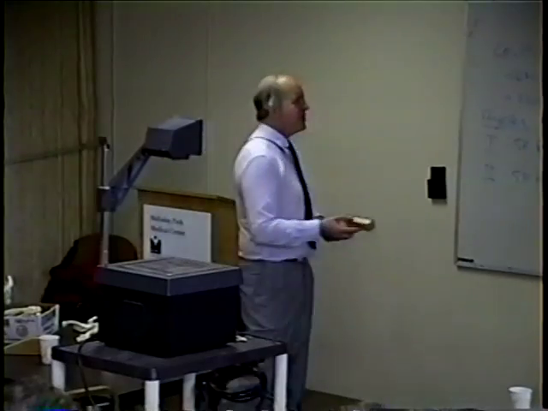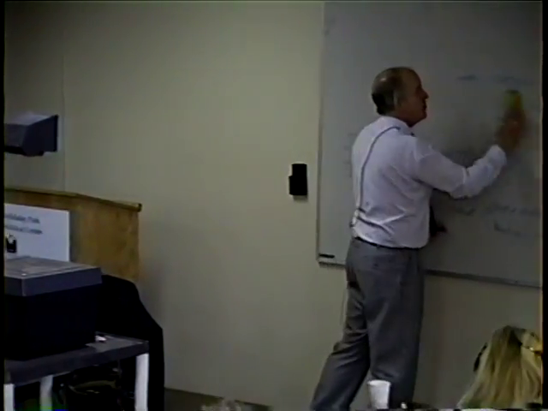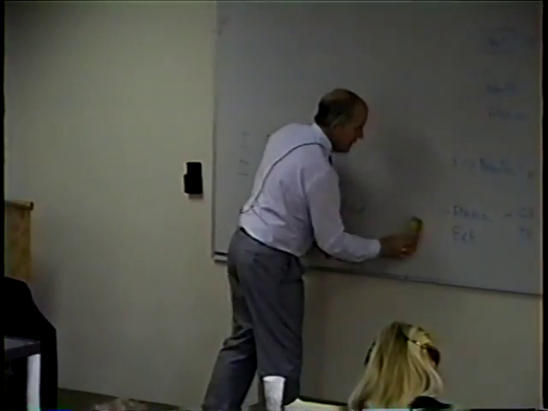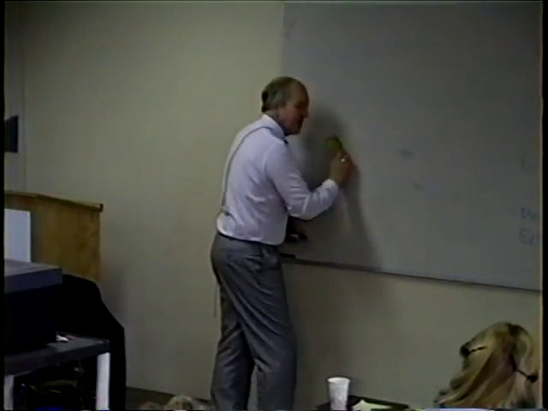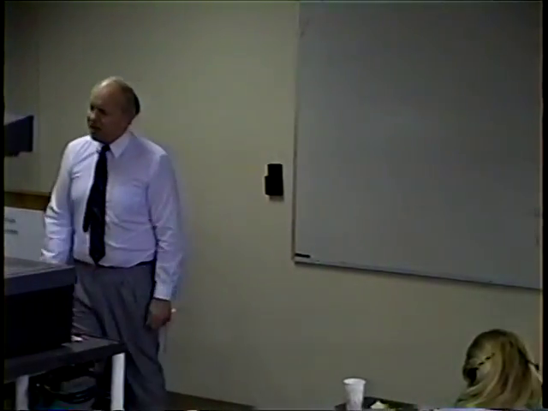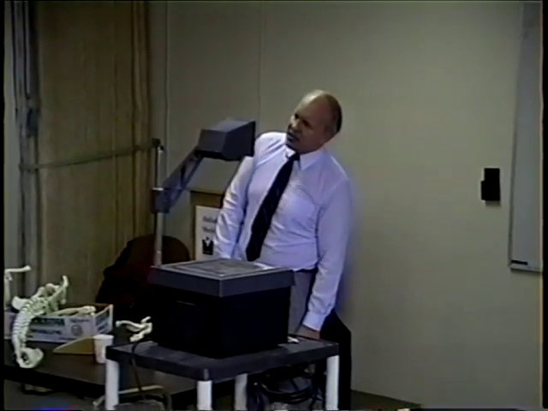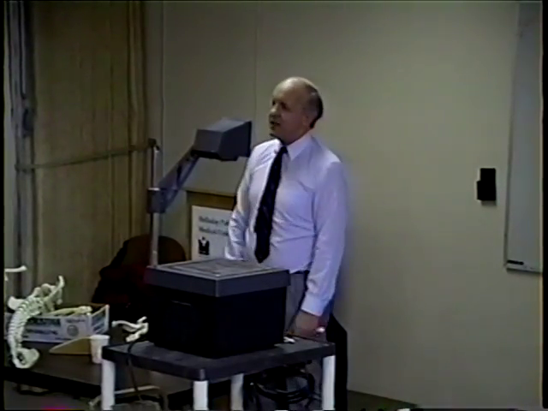Now, let me just talk a little bit about this. When the spine moves, it moves in a coupled fashion. There's a propensity for it to go with that kind of arrangement. But of course, if we use our muscles and so forth, I can side bend one way and rotate in the inappropriate direction if I want to.